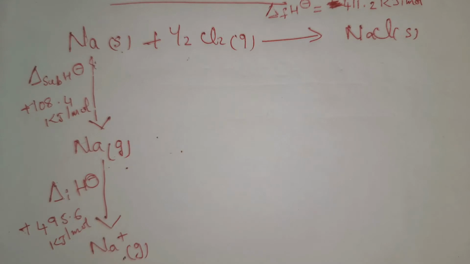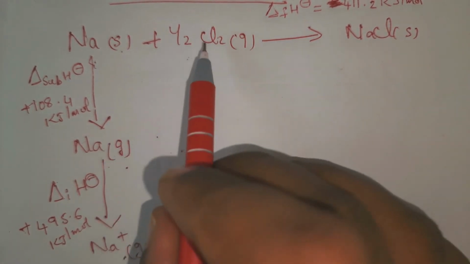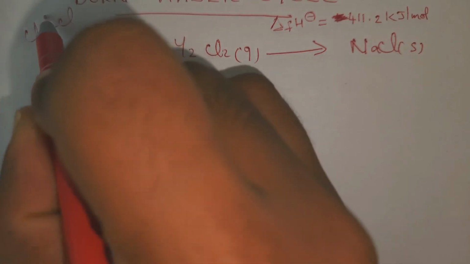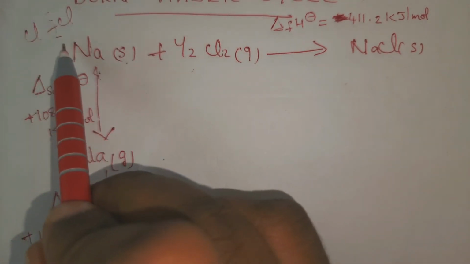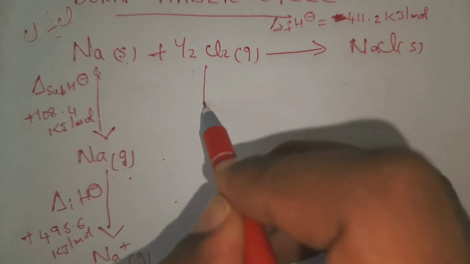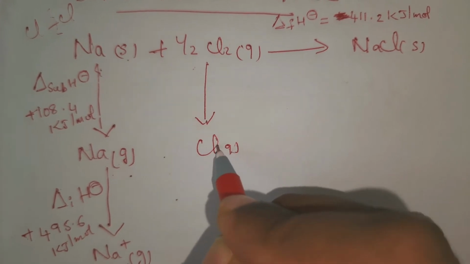Now this Cl2 will be like Cl then Cl. So you need to break this bond. To break this bond you need bond dissociation enthalpy. From half Cl2 you need Cl, that is only one atom of chlorine.